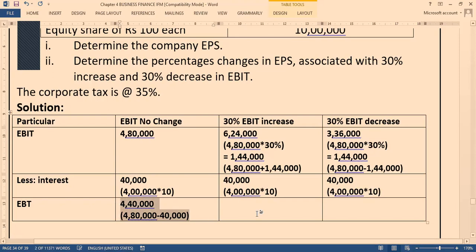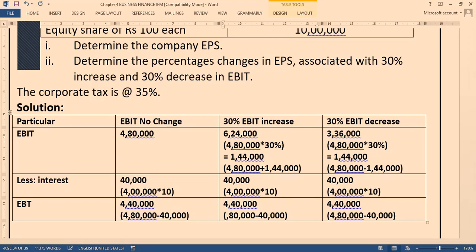Again, we have to do the same thing for the others. Here the amount changes because EBIT changes. In this case, EBIT is 6,24,000. If we subtract 40,000, you'll be getting approximately 5,84,000.